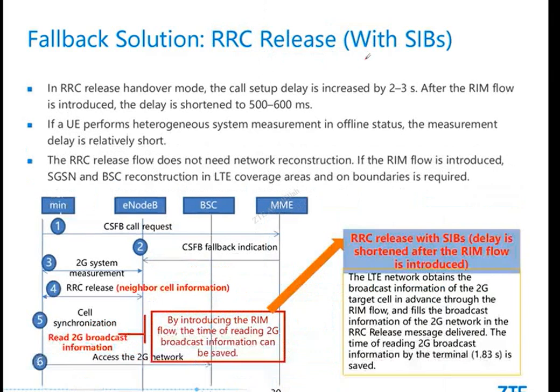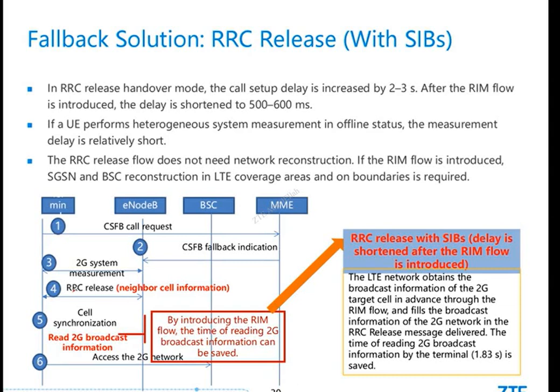Okay, the third solution is RRC release. So that means when the UE starts the CS fallback, the eNodeB will send the RRC release message. But in this RRC release message, it will include the neighbor cell information.